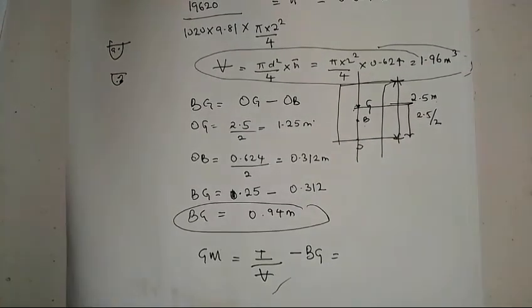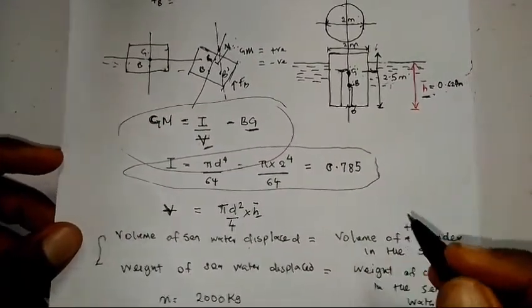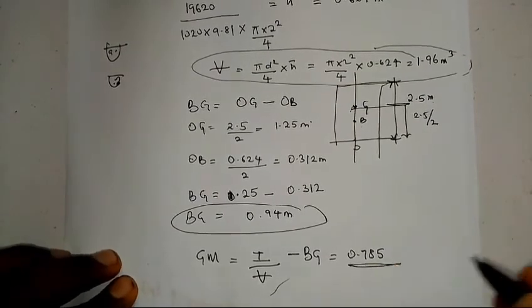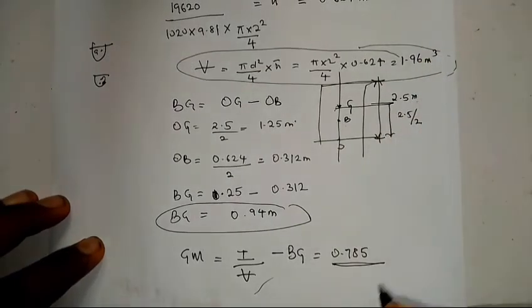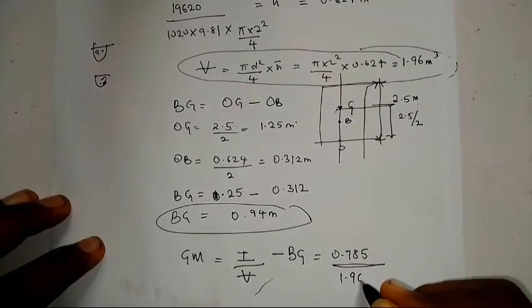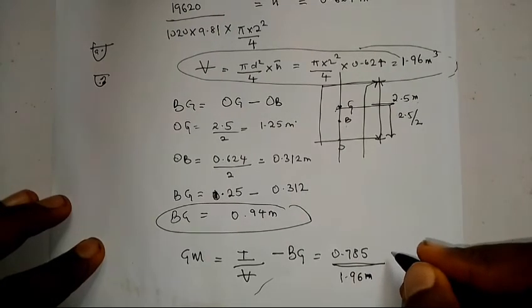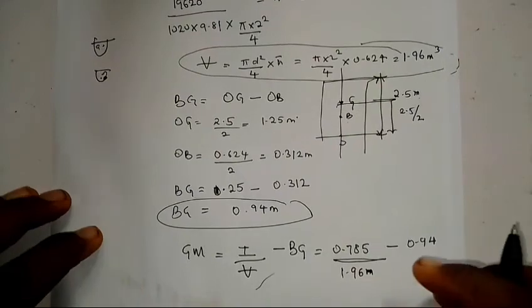The moment of inertia we got was 0.785, divided by the volume of water displaced, which is 1.96 meter cube, minus my BG, which is 0.94.